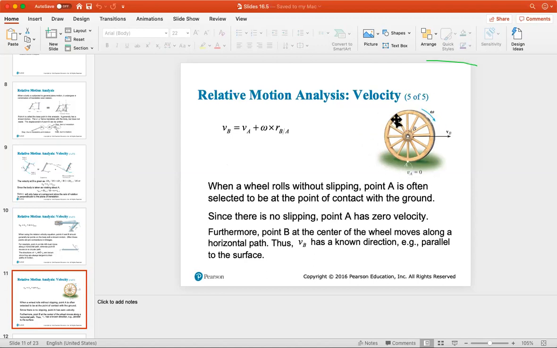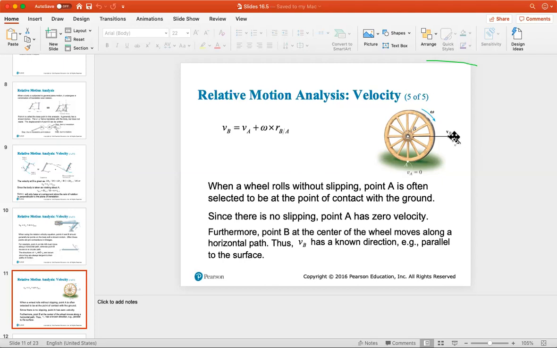As this wheel rotates, the relative velocity of the wheel relative to the ground at this point must be 0 because it's not sliding. And so that makes it pretty convenient to figure out other quantities. So you can work out relative quantities.